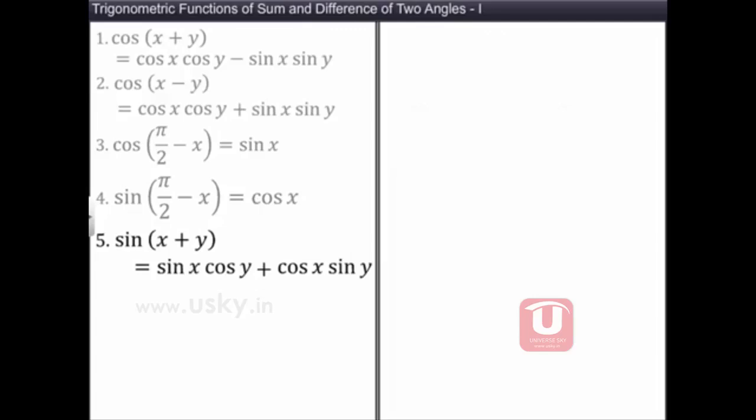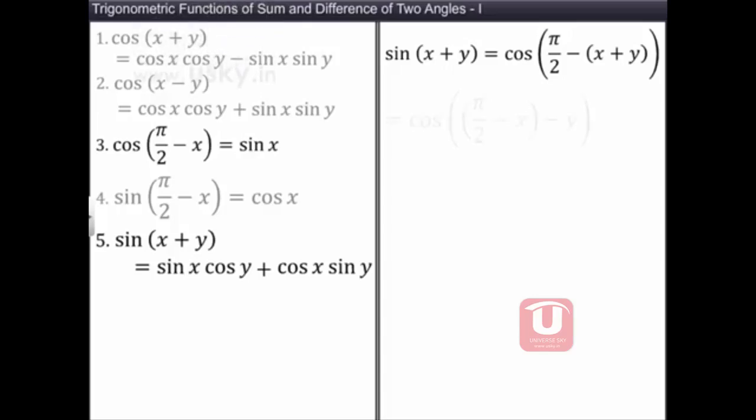Now, let us prove one more important result. Sin of x plus y is equal to sin x into cos y plus cos x into sin y. Using equation 3, sin of x plus y can be written as cos of pi by 2 minus of x plus y.